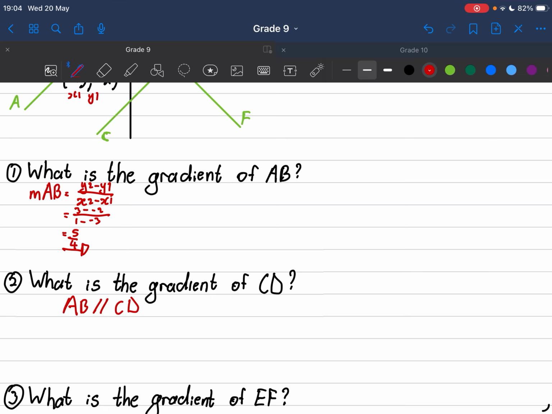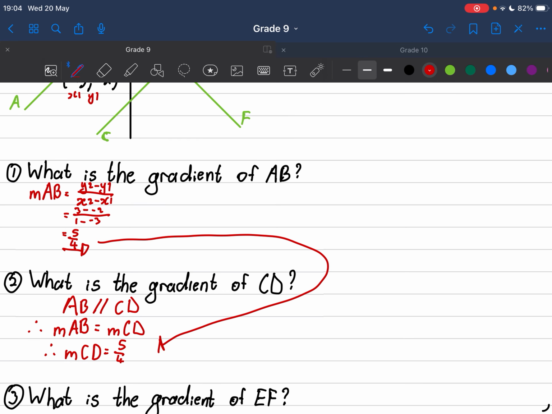Let's write that down. Therefore, the gradient of AB is equal to the gradient of CD, the two parallel lines. Therefore, the gradient of CD that they want to know is equal to 5 over 4, the answer from the previous question.